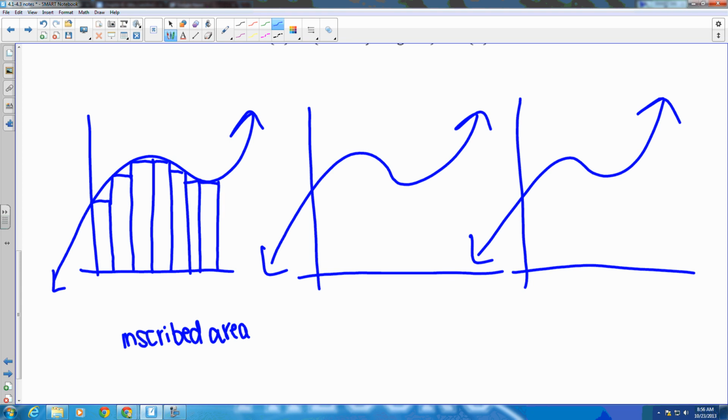Okay, so it looks something like that. We're going to go over to the right side. This is going to be our circumscribed area, and every time our rectangle is going to go above the function.